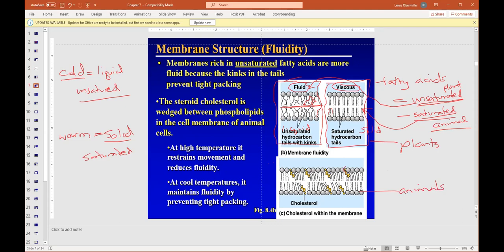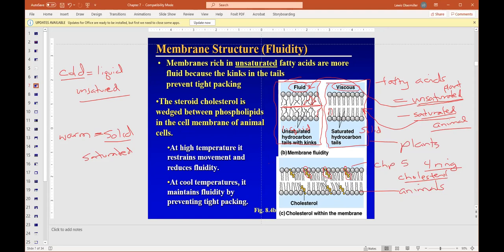So this molecule, in case you don't recognize it, we looked at it in chapter 5, and it's that 4-ring molecule that is cholesterol. And so that's what the artist is sort of drawing in here. So these yellow things are cholesterol. And what cholesterol does is it actually goes into the phospholipid bilayer, right? Because it's a fat. And so fat, like dissolves like.